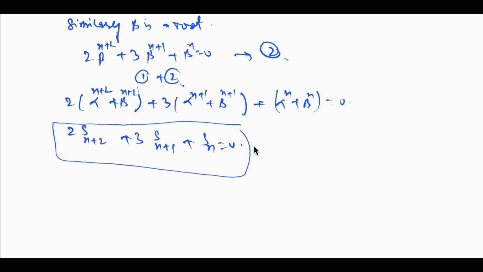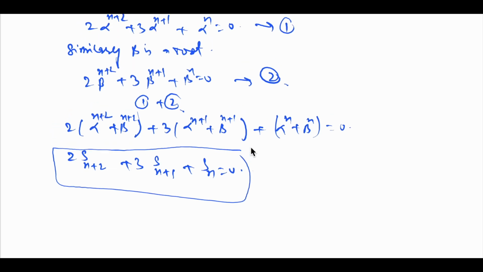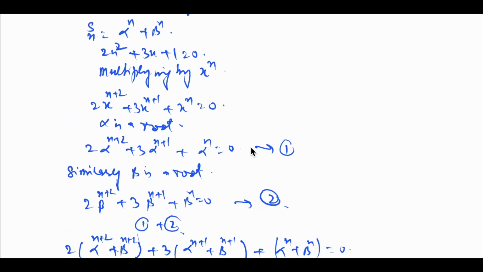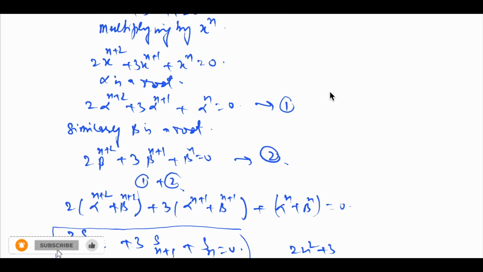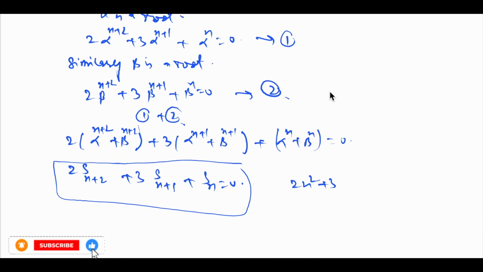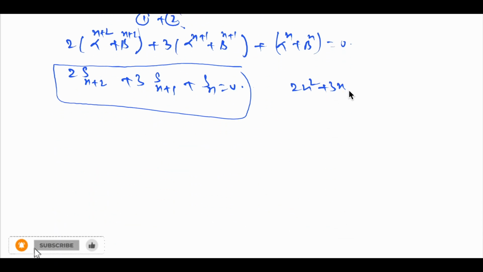What is the easiest way of writing this one? Whatever the equation is, if you are given this equation, 2x square plus 3x plus 1, you can write 2x square plus 3x plus 1x power 0 is equal to 0.